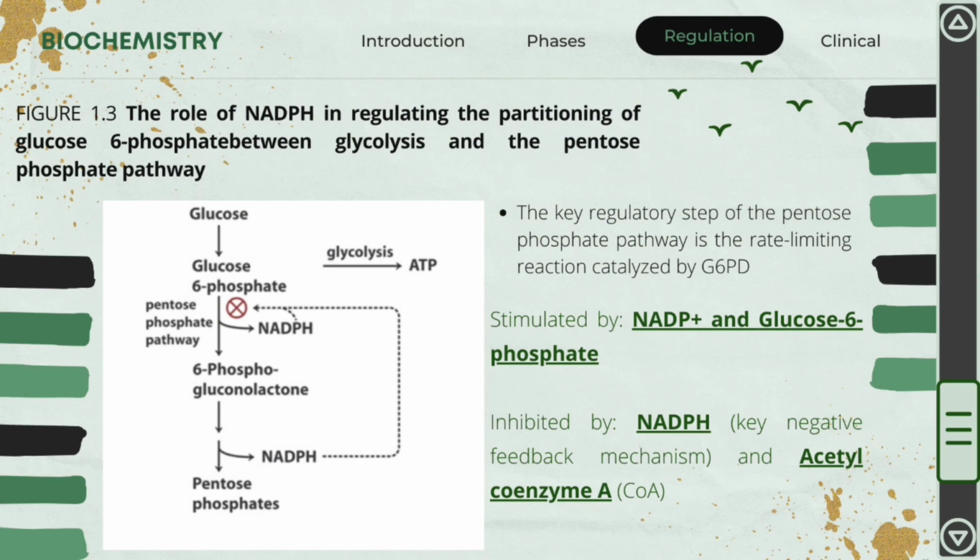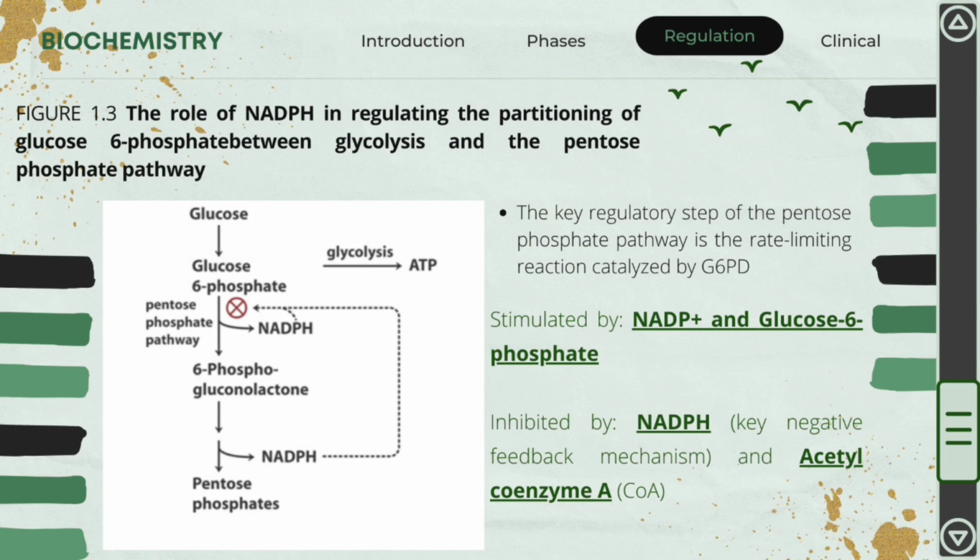Okay, so when the demand of NADPH slows, the level of NADP plus drops. So if the ratio is low, that means reducing equivalents are plenty or high in the cell. Then there is no need for glucose 6-phosphate dehydrogenase enzyme to be active, or there is no need for pentose phosphate pathway to be active, while the glucose 6-phosphate molecule is instead used to fuel glycolysis.